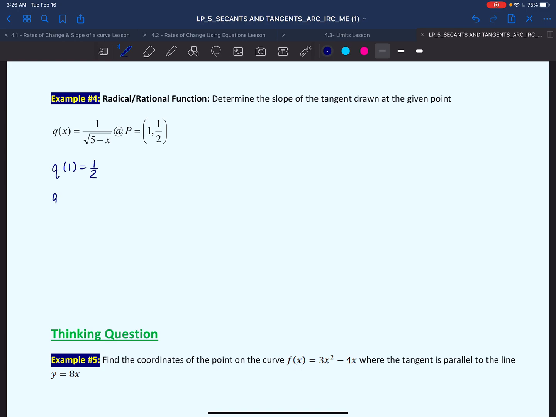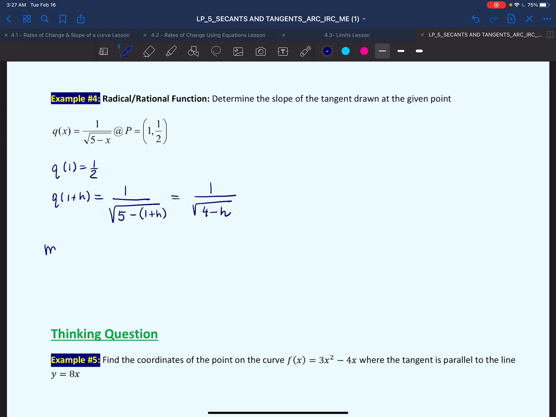So we need to find q at 1 plus h. That would be 1 over square root of 5 minus 1 plus h, so that equals 1 over the square root of 4 minus h.